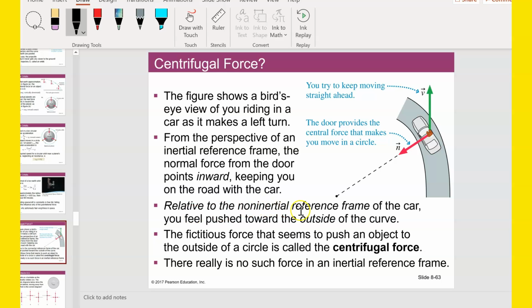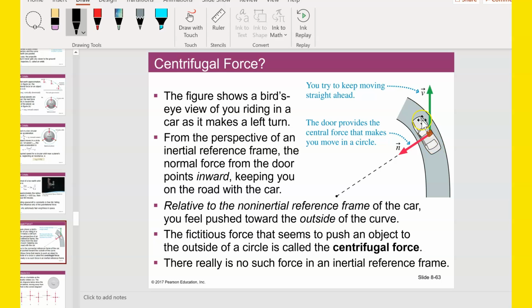The door provides that central force that makes you move in the circle, that centripetal force. Relative to the non-inertial reference frame of the car, you feel pushed toward the outside of the curve. So the car is accelerating. An inertial reference frame is a reference frame where everything follows the expected physics, what you feel and what you compute are all conjoined.